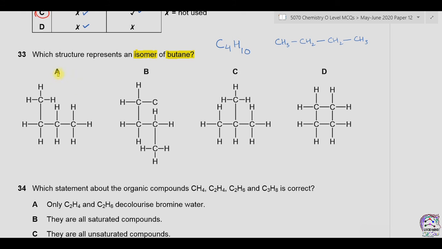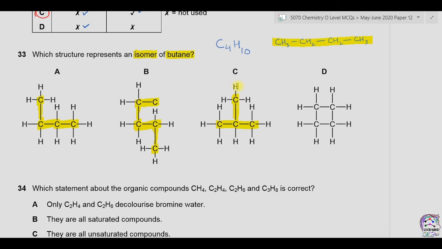First one is A. We have 1, 2, 3, 4. 4 carbon atoms in the long chain, so therefore this is similar to this compound. So therefore it is not the isomer. In B we can see 1, 2, 3, 4, 5 carbon atoms are in the long chain, so therefore B is wrong. In C we have 1, 2, 3 carbon atoms in the long chain and 1 carbon atom as a substituent.